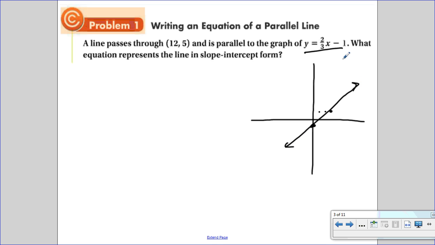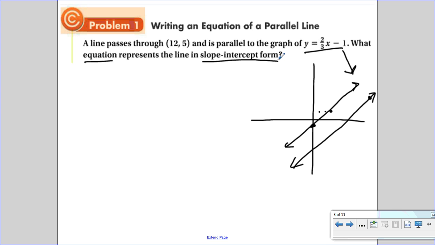Okay, that's this one right here. And we have another line that passes through 12, 5. So 12, 5 is 12 over and 5 up. So somewhere around here. There's another line that passes through this point, and it's parallel to this one. So that means it's going to look something like this. We are looking for that equation in slope-intercept form.